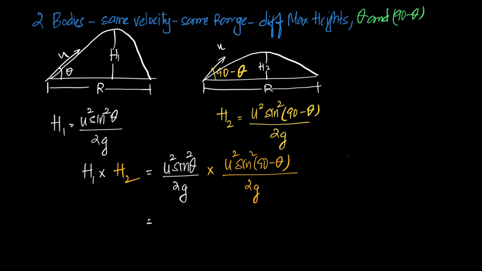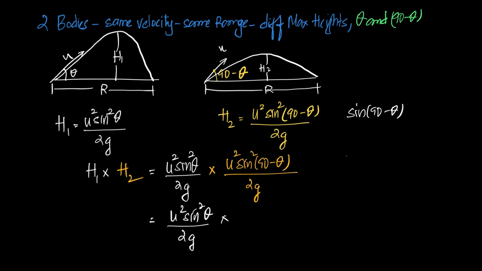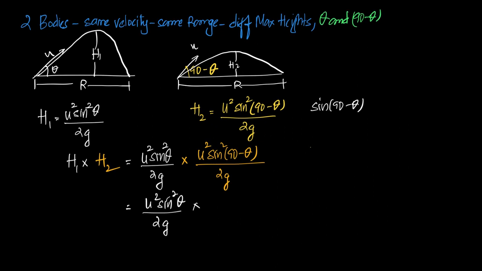So we have u square sine square theta by 2g into, see, what is sine 90 minus theta? Now I have a request: if you find learning these trigonometric identities difficult, while assigning the quadrants and angles and the signs, make sure you learn it this way.